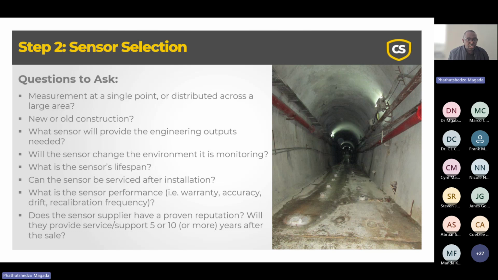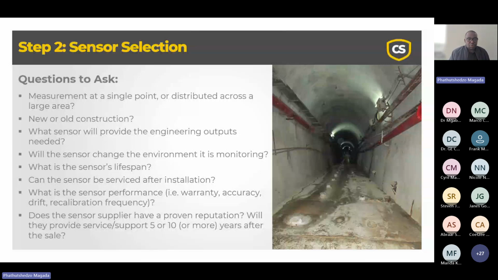Those are important questions we need to ask before we select the sensor. Aspects of warranty, accuracy, and recalibration. We also need to ask our colleagues in the market to understand what works better in this regard.